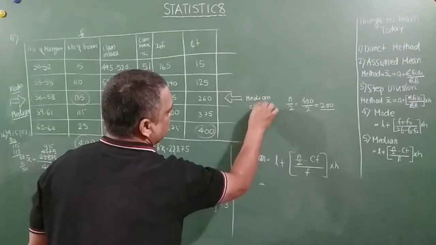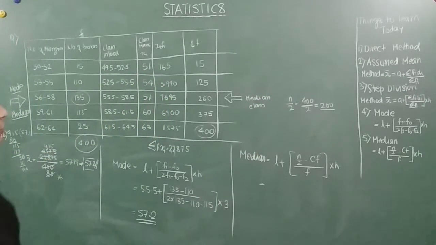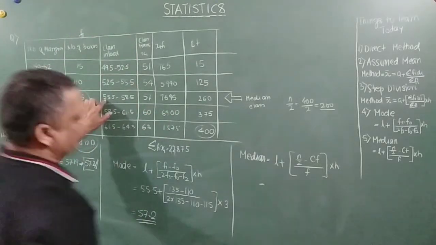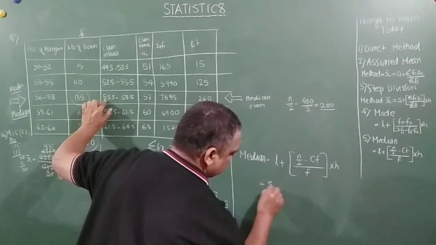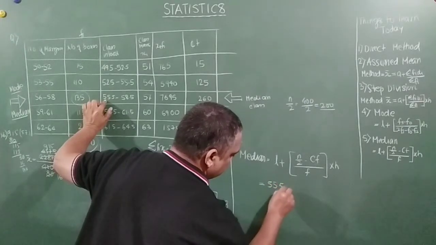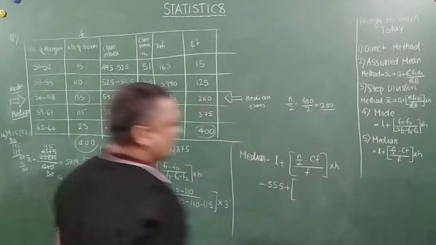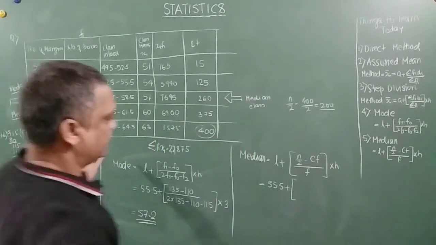Lower limit of the median class, consider this only, 55.5, plus n by 2, which is nothing but, sorry, 200.